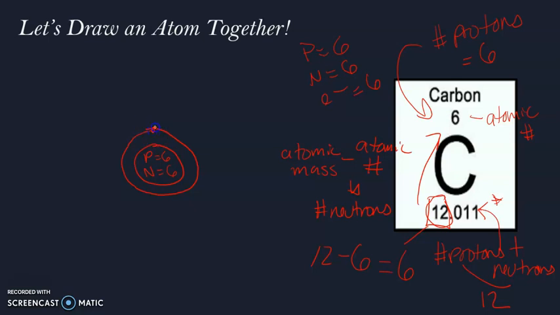So I put my 2 electrons in. Now I keep going and put my next shell there. I have 2 so far, 3, 4, 5, 6. There's my carbon. That's what an atom of carbon looks like.